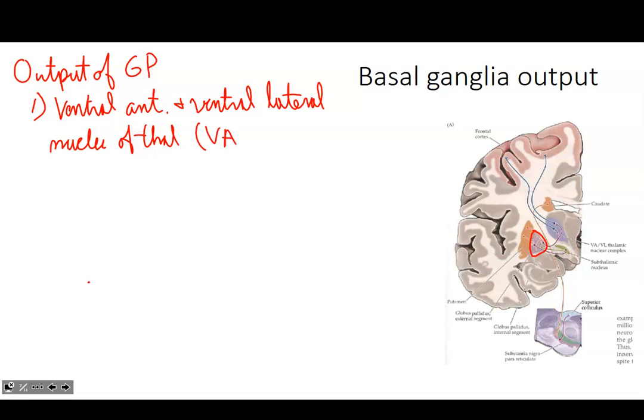So we'll see this abbreviated VAVL. I know that this is thalamic. Okay, so you can follow one of these outputs here to the thalamus, and the second output goes to the subthalamic nucleus.